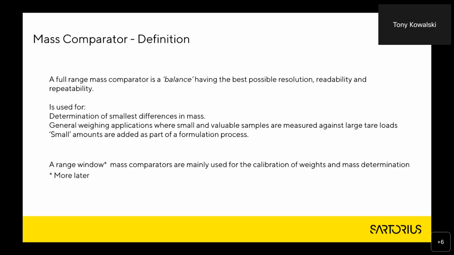That really fits in with small amounts being added as part of a formulation process. And then we have the range window mass comparators, which are really only ever used for calibrating weights or mass determination. We'll explain more about that a little bit later.